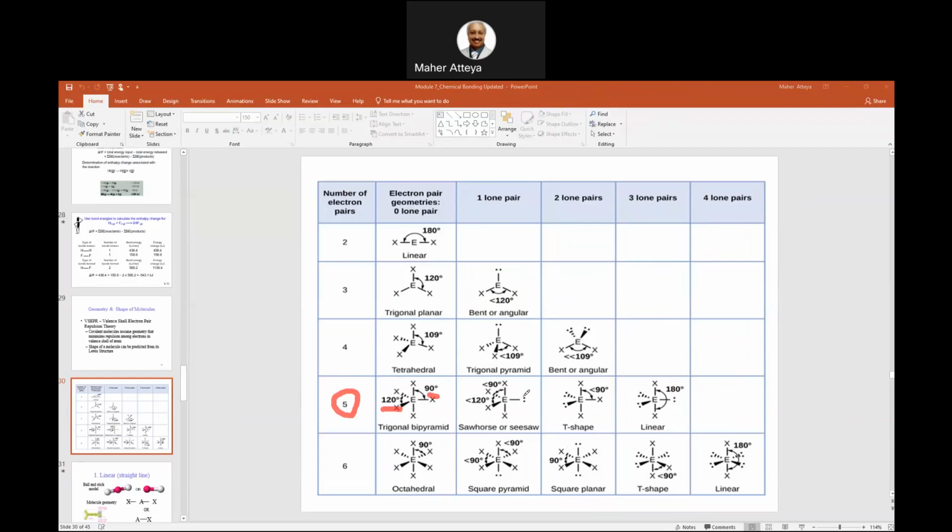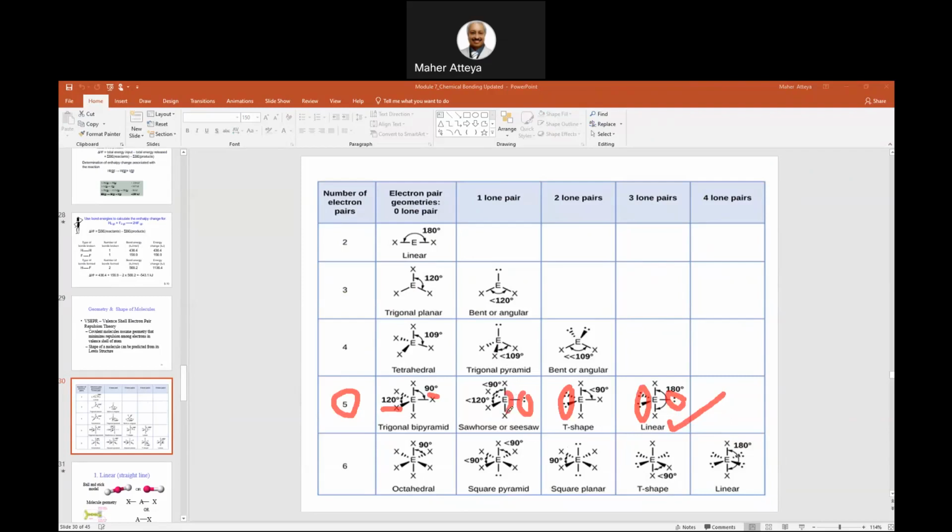However, when you introduce lone pairs, this one has 1, this one has 2, this one has 3. Which one is more polar from all of those? This one is more polar, correct? The angle for all of them here is 180, by the way.